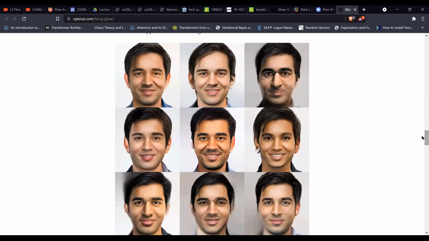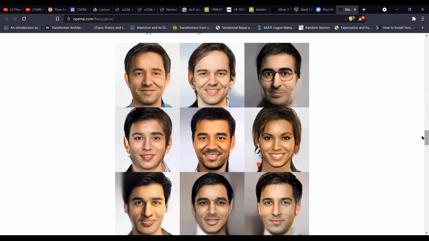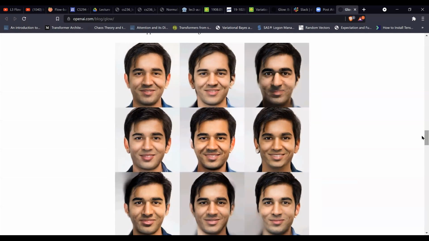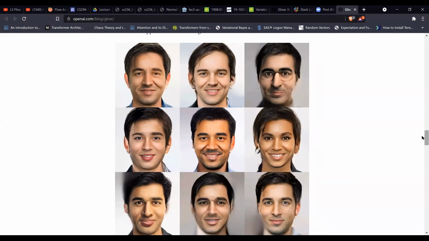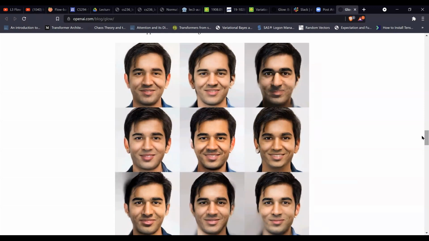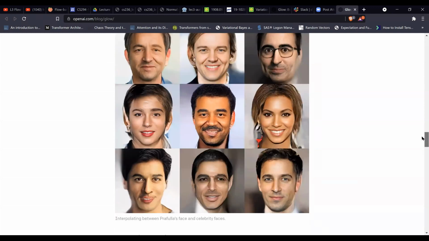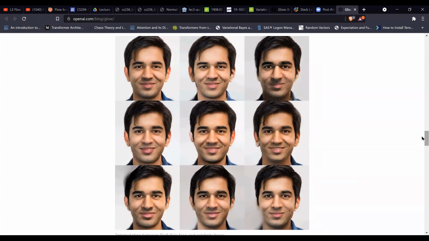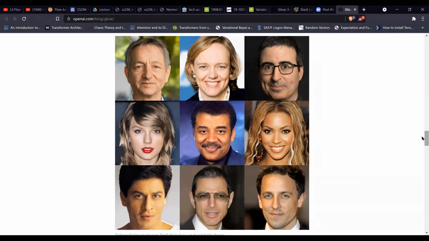It's not like it goes through a weird disjoint phase and then you recover something that looks real. More or less every image along the way during that transformation looks like a person, right? So I think this definitely qualifies as having a meaningful latent space.